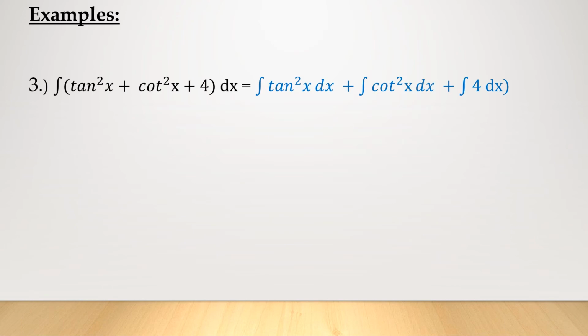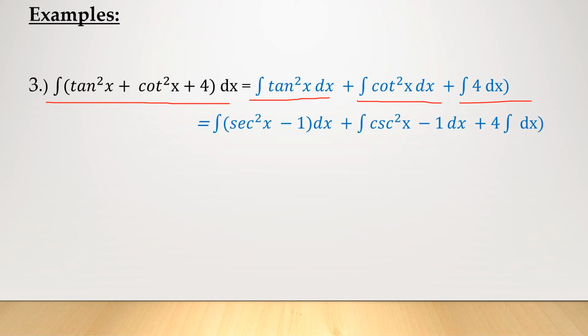Okay, the next example is this is our given: tangent squared x plus cotangent squared x plus 4. We will take their integrals one by one. There is no equivalent integral for tangent squared x, as I said from what was shown earlier.